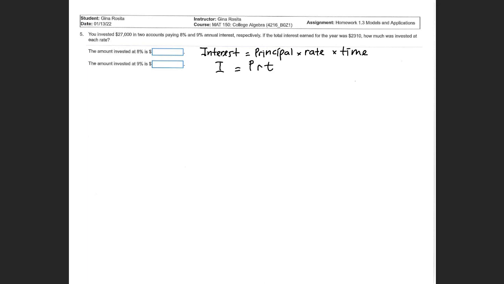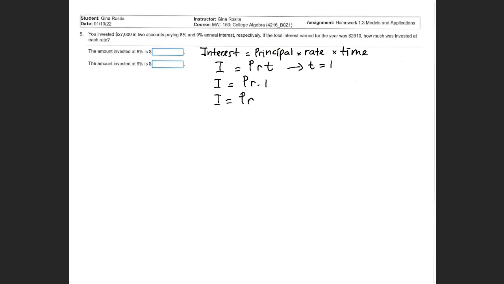From the problem, we can see the time is 1 year because it is annual interest. So T equal 1, and we can write I equal PR times 1. So the answer becomes I equal PR.